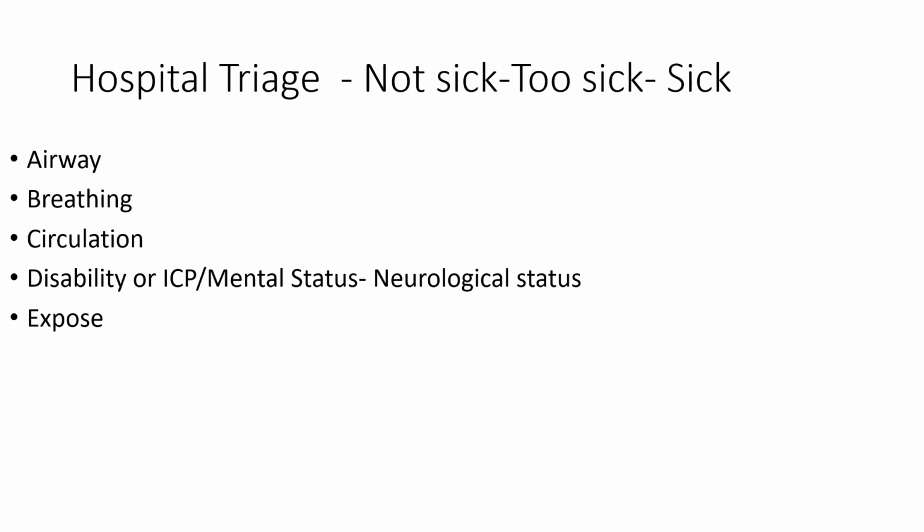We need to know their neurological status prior to that. And then exposure is taking off all of their clothes to see any other potential injuries, right? So they may have a hidden injury to their legs, to their arms, to a chest or abdomen or back. So we remove all the clothes to have a look to make sure that we're not missing anything.